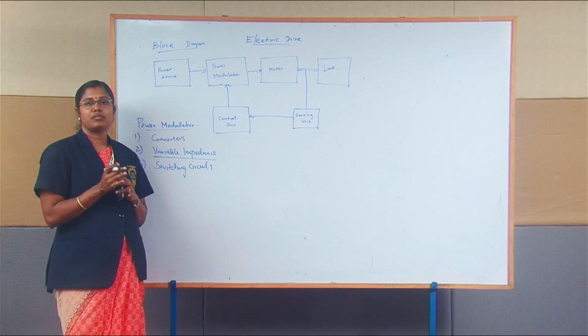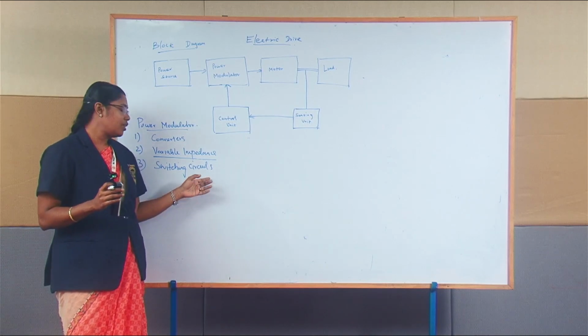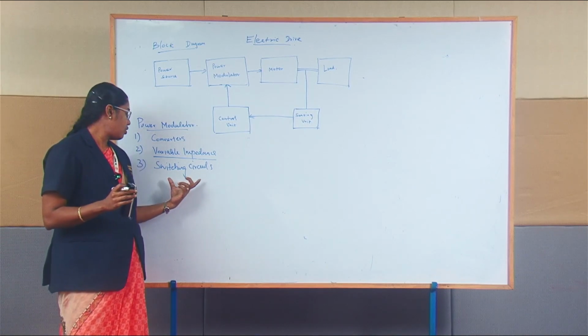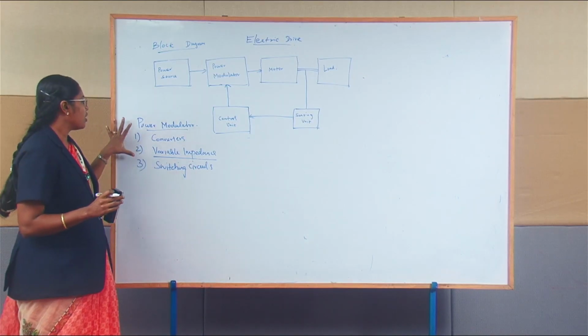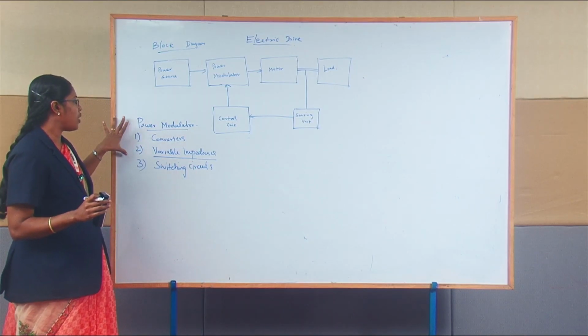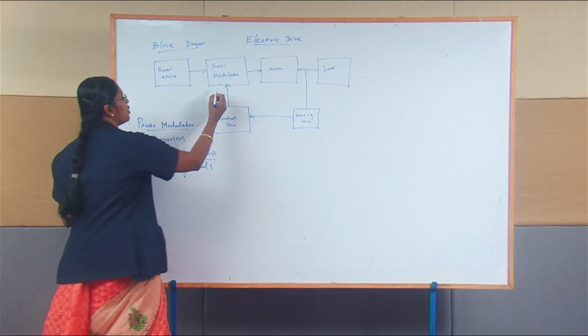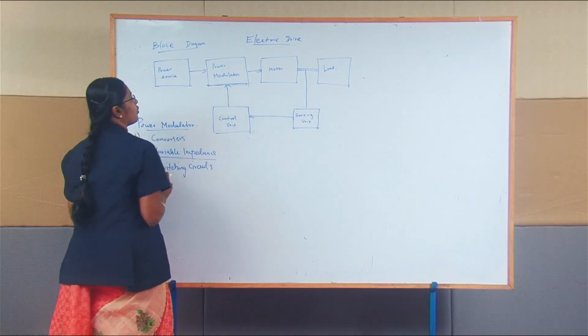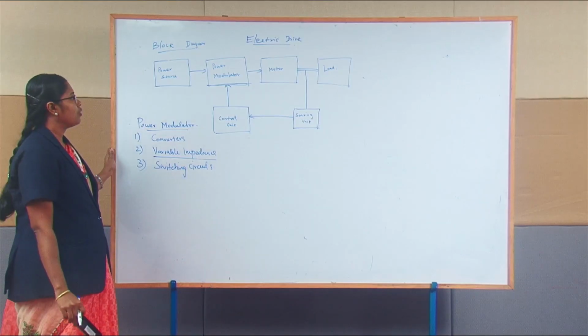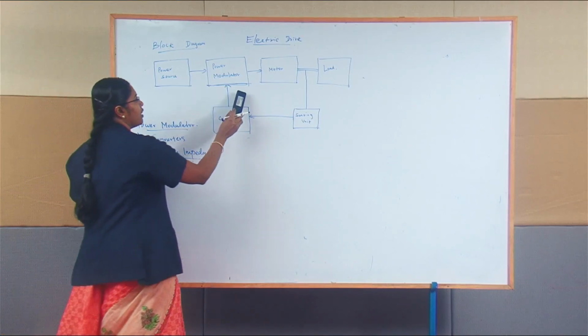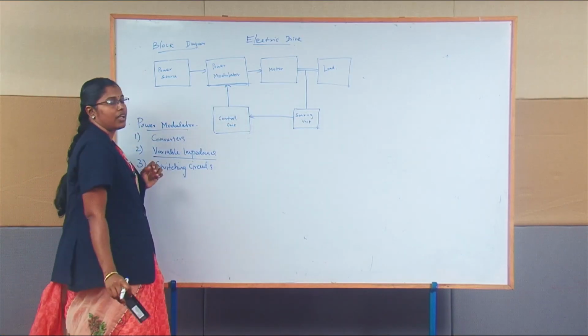So it is a predetermined sequence. For that sequencing and all, we need this switching circuit, right? So these are the various types of power modulators which can be chosen as per our requirement while designing an electrical drive, okay? So this power modulator is going to feed the motor, electric motor.